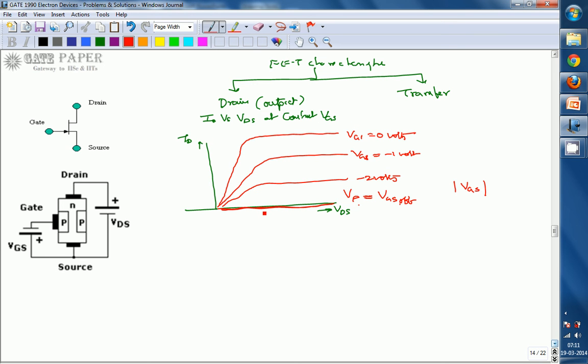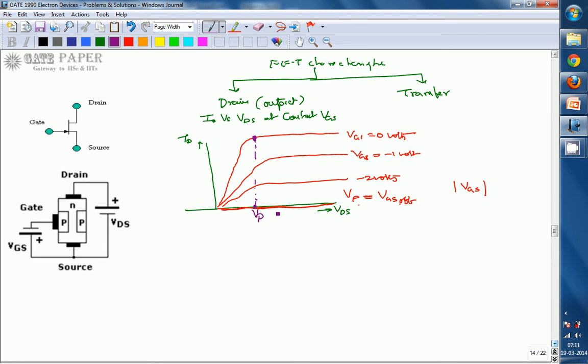We also have one more pinch off point, with respect to drain to source, but it has the disadvantage that it is only defined for VGS equal to 0. Look at this curve related to VGS equal to 0. At what drain to source voltage the drain current becomes constant, that point is treated as the pinch off voltage with respect to drain to source.